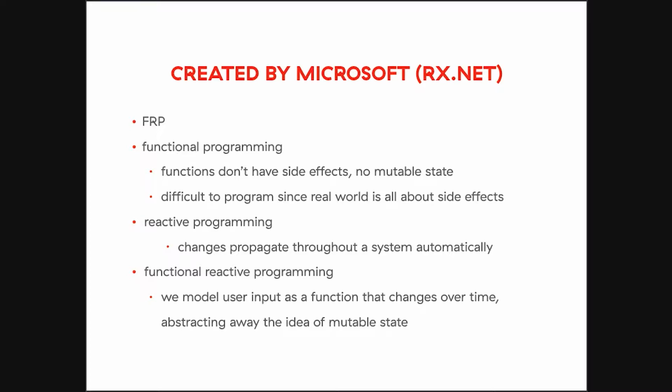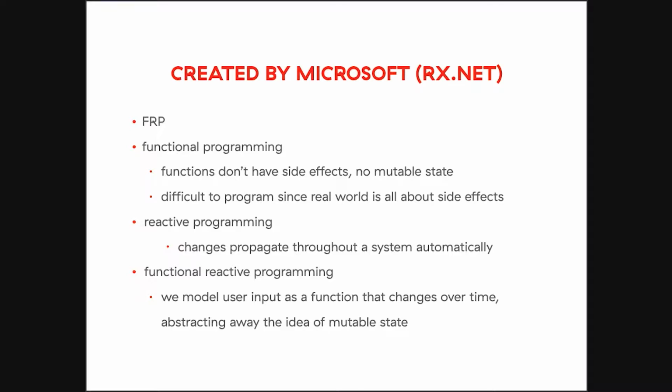And of course, you cannot program like this, because the real world is all about side effects. So it doesn't make sense for the most part. Reactive programming, on the other hand, is something that is used to propagate changes of something throughout the system. And then we can use this definition of what functional reactive programming is.